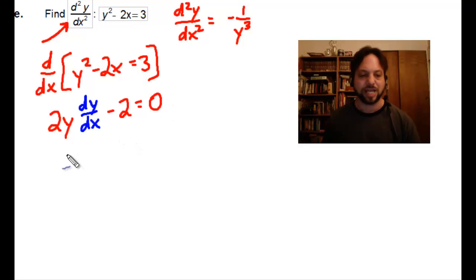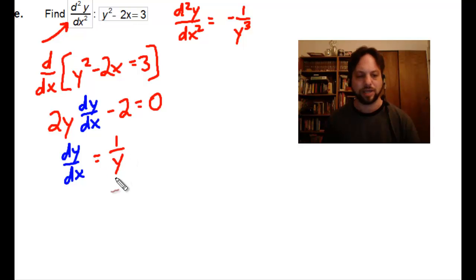So is it really that easy? Is dy dx really just equal to 1 over y? And I'll argue with you that yes, that actually is the case. The first derivative with respect to x of this implicit equation is just 1 over y. So that was pretty easy.